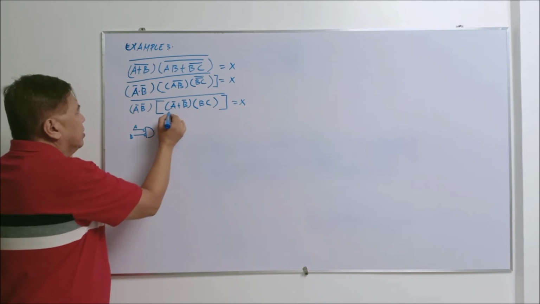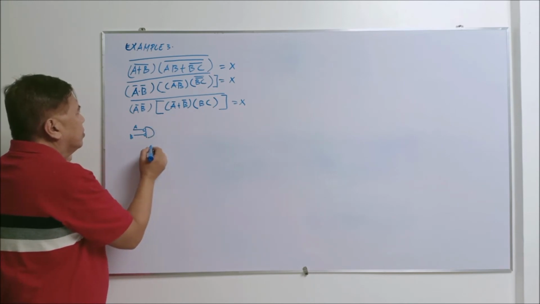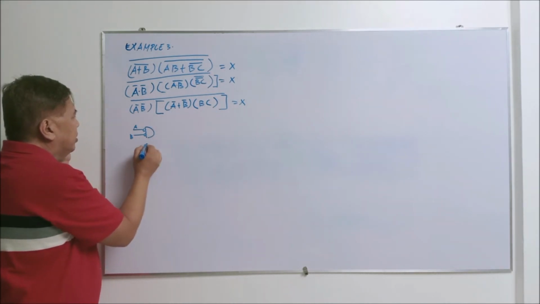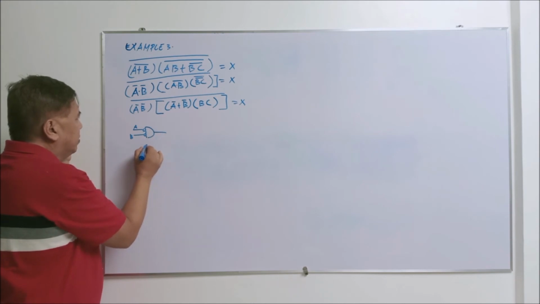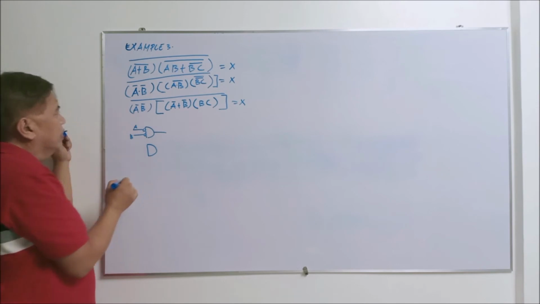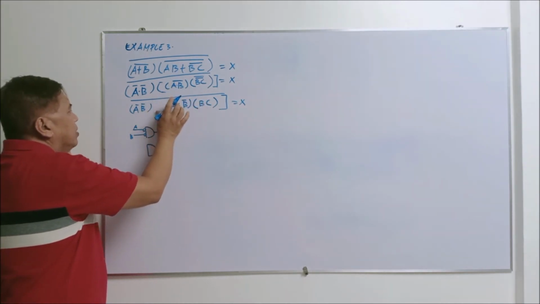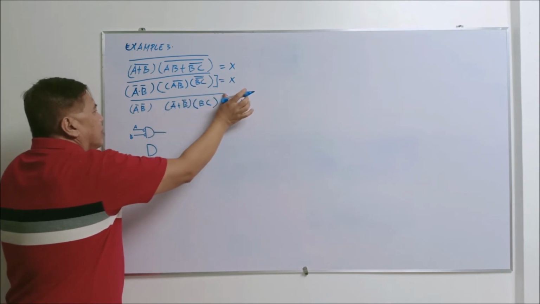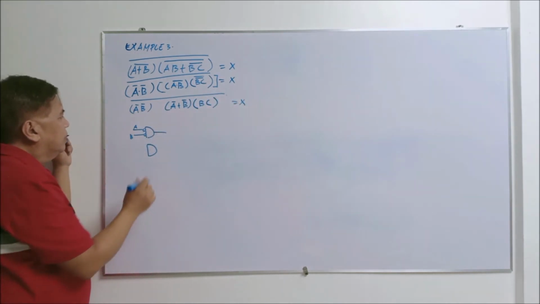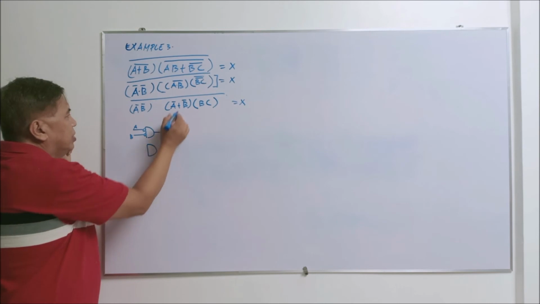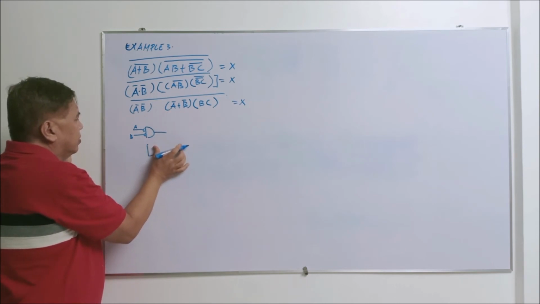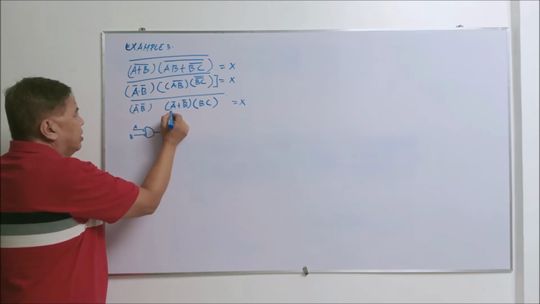Then it is multiplied to these variable terms. This will be represented by an OR gate.